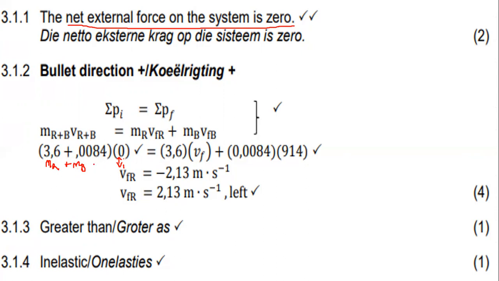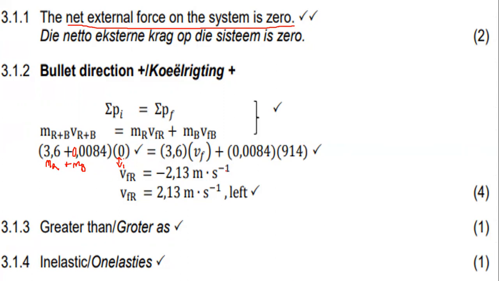You just go to your calculator, take 8.4 and divide it by 1,000. It gives you 0.0084 kilograms.